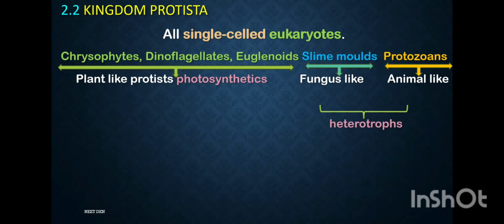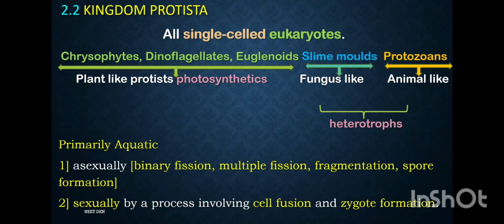The plant-like protists are photosynthetic, whereas animal-like protists are heterotrophs. They are primarily aquatic, and they may reproduce by both asexual as well as sexual means.